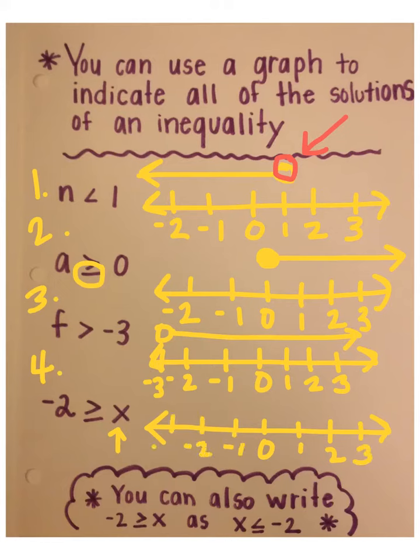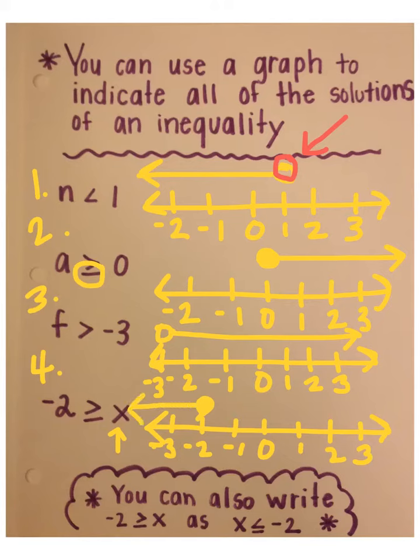Okay. If -2 is greater than or equal to x, I'm going to have a filled in circle over -2. And because it's greater than or equal to, I am actually going to go to the left.